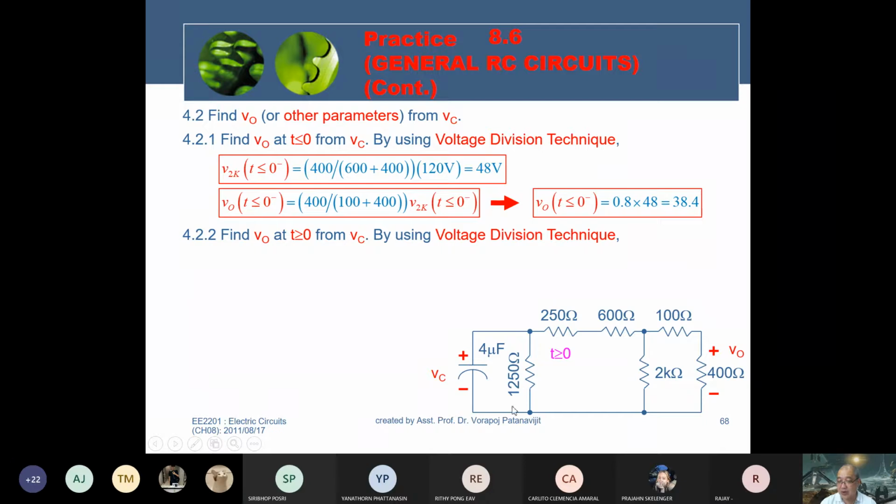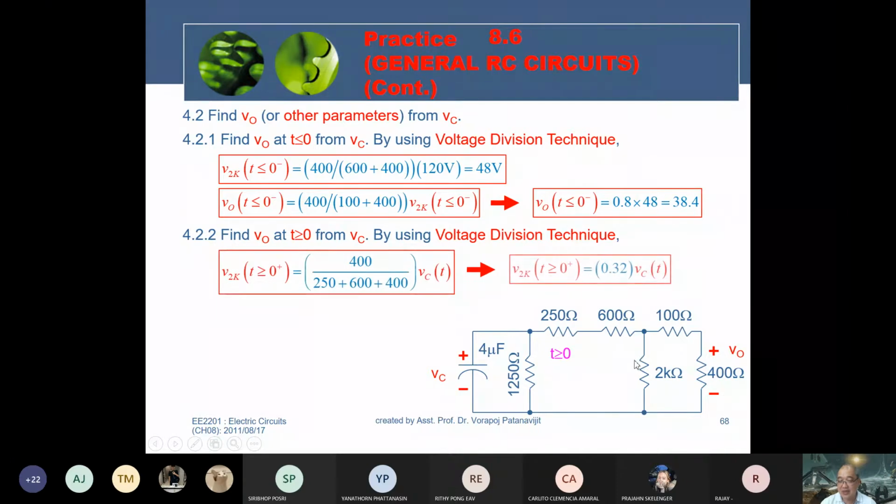You determine the voltage across 2K first by using the voltage divider: VC multiplied by 2K and divided by the sum of them, 2K plus 250 and 600 here.